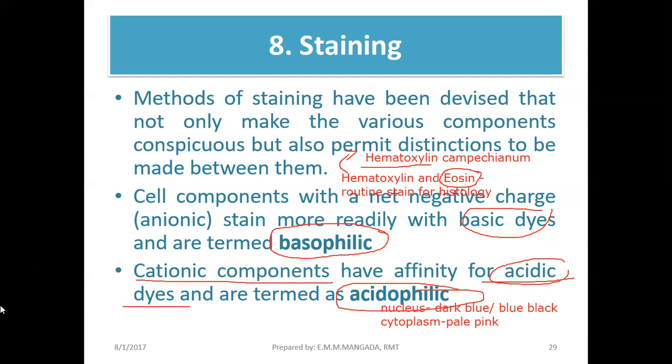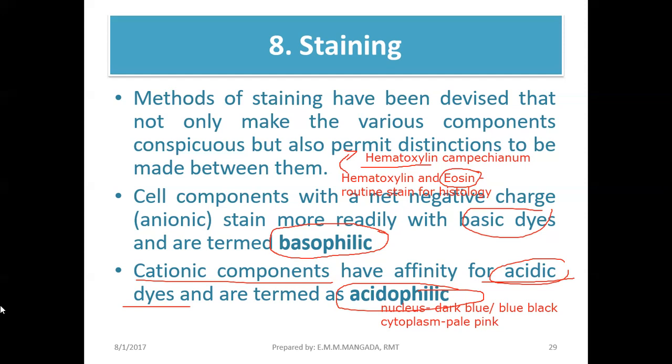So again, we have two types of dye according to the cell component they're staining. Acidic dyes stain cationic components, or acidophilic components. And your basic dyes stain the anionic components.